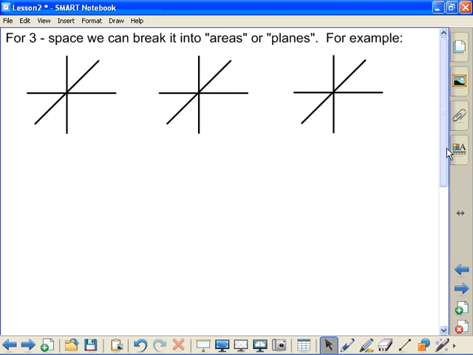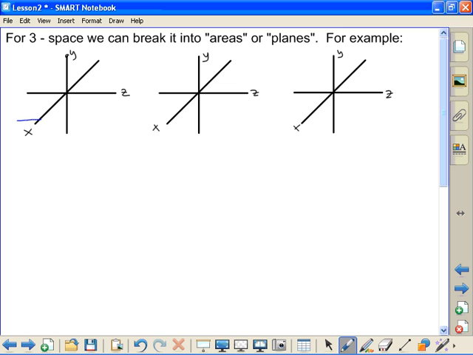Okay, so 3 space. We can break areas into planes. So if you label these quickly, so X, Y, and Z. So if I include the x-axis and go in the direction of Z, I'm going to be careful how I draw this.